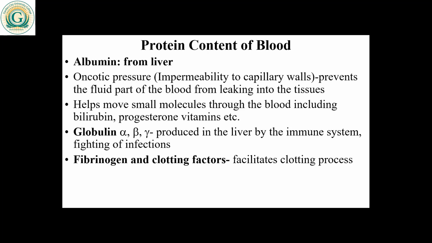Globulin, we have alpha, beta, gamma, that is produced in the liver by the immune system, and it helps in fighting against infection. So it forms part of the immune system that is in protection of the body. Then we have fibrinogen and clotting factors, as I mentioned. They help prevent bleeding when your blood vessels are disrupted or exposed.